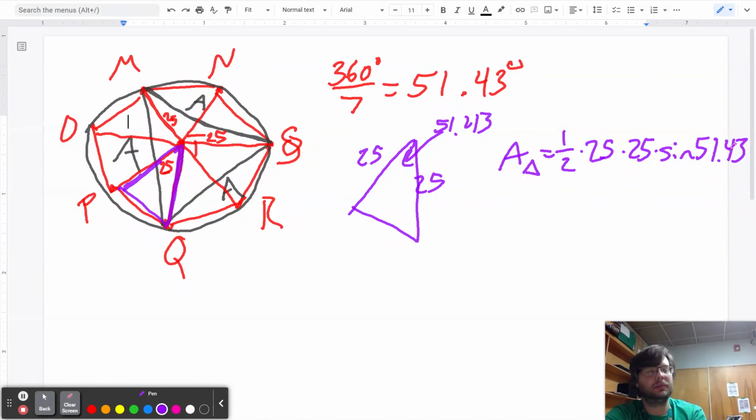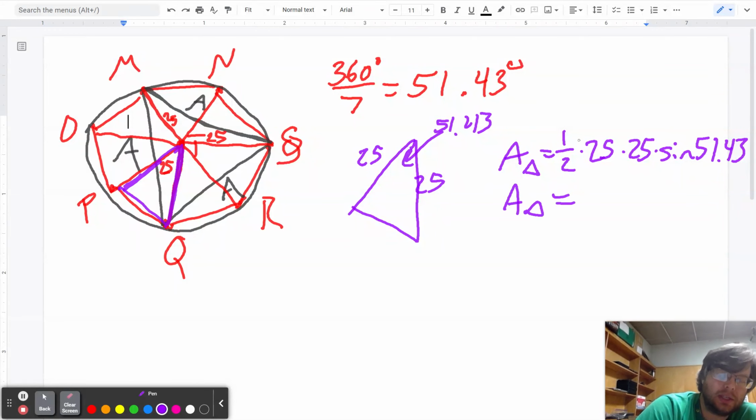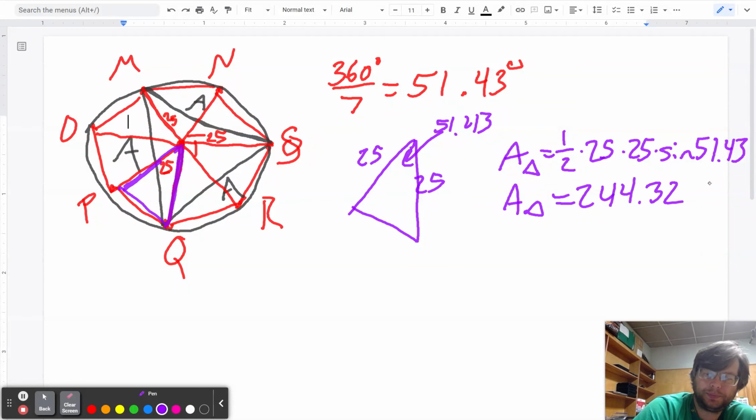Let's see what that comes out to be. So I do the sine of that times 25 times 25 times 1/2. Get that the area of a single one of those triangles is 244.32. But there's not just one of those triangles, there's actually 7 of them.